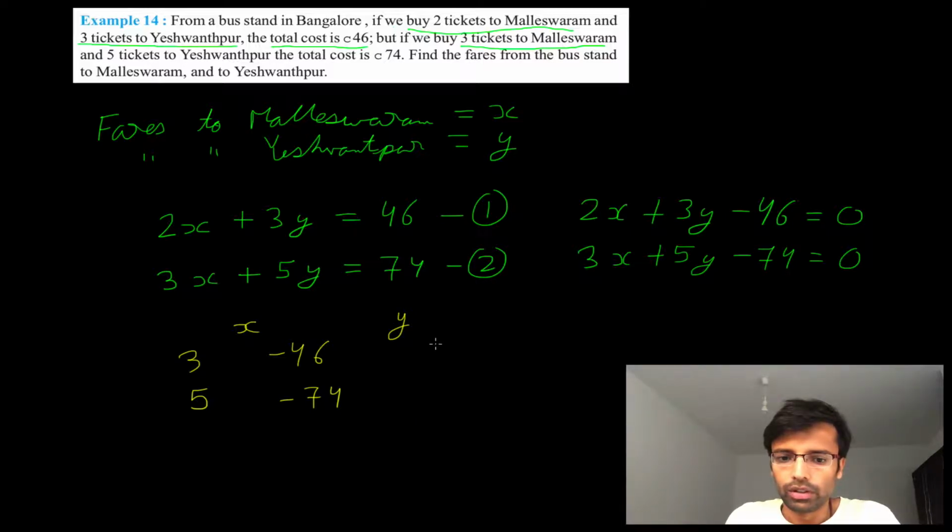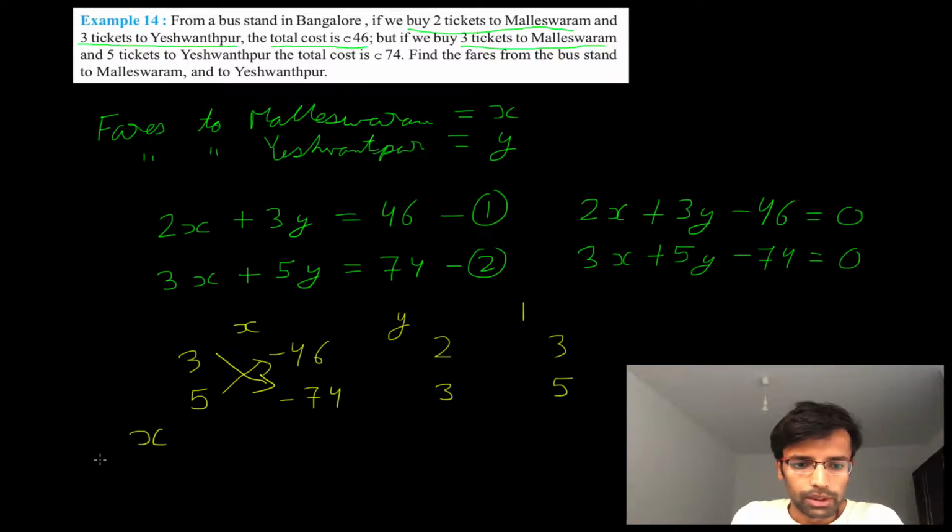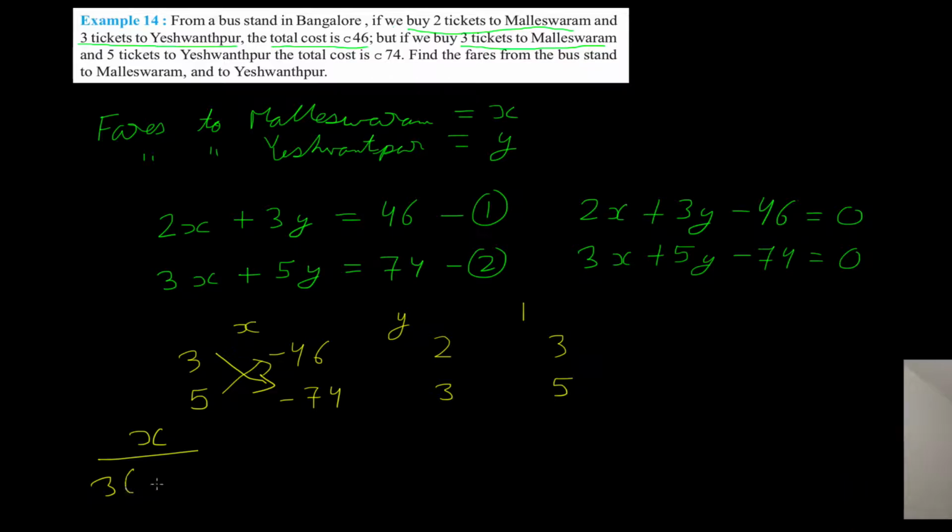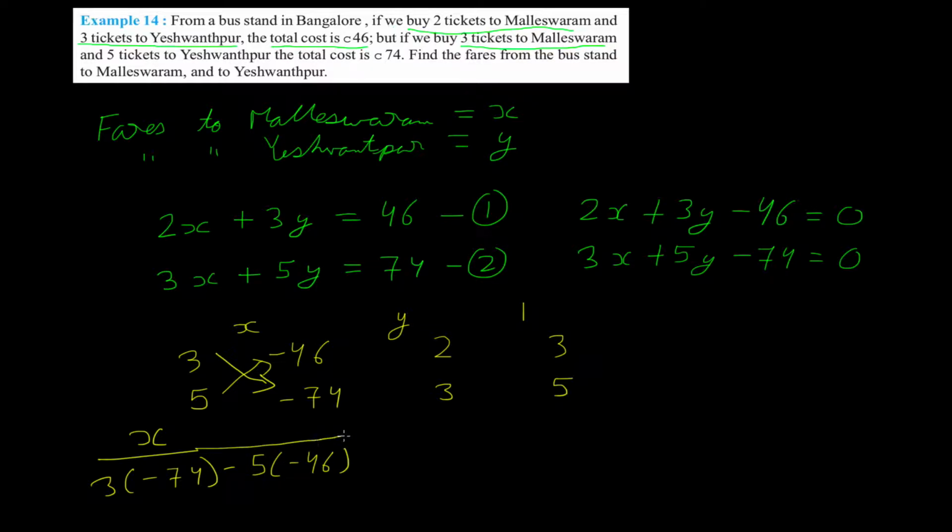So we write 2, 3, and then we write the constant 1, and after 2, 3, we have 3, 5. And what do we do now? The crisscross thing. So x divided by 3 times minus 74 minus 5 times minus 46. So this is the first one.